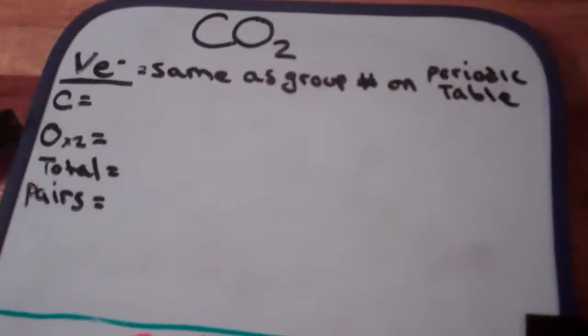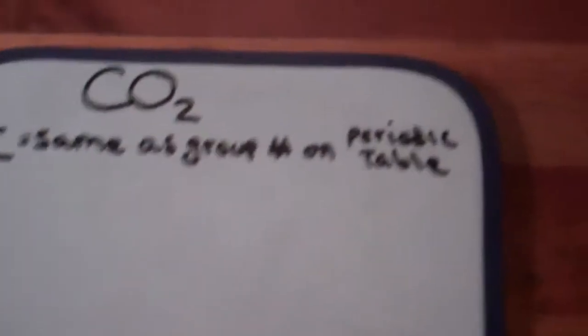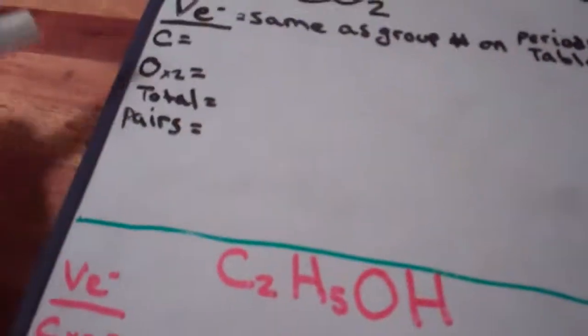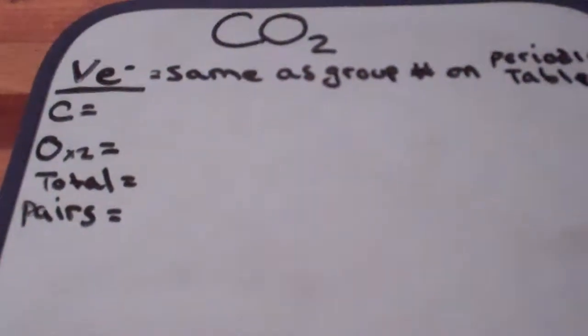And like Nick said before, if you go up to the periodic table to find the C, it's under group 4, so it would have 4 valence electrons. And if you go to the oxygen, it's in the 6th group, which would make it have 6 valence electrons. You have to multiply the oxygen by 2 because there are 2 of them. So let's write that in.